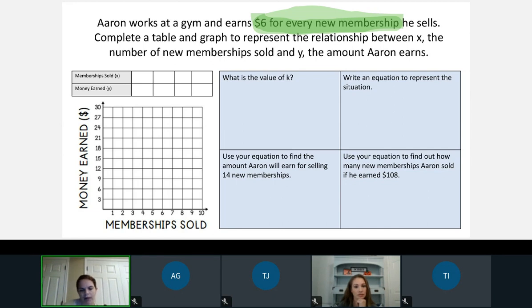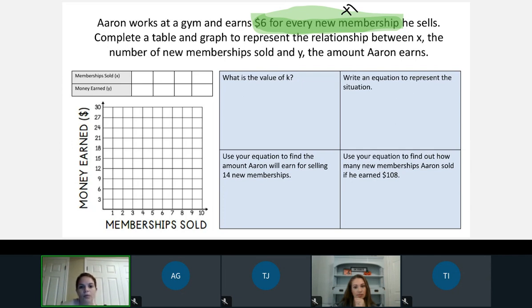Because we have to use some sort of letter, so we're going to use a variable, and we have to decide, are we going to use Y or are we going to use X? If we keep reading down to the next sentence, it says, the relationship between X, the number of new memberships. So what I'm going to do then is come up here and put an X right here. Some of you have already kind of figured this out. You've already written your equation in the room chat.